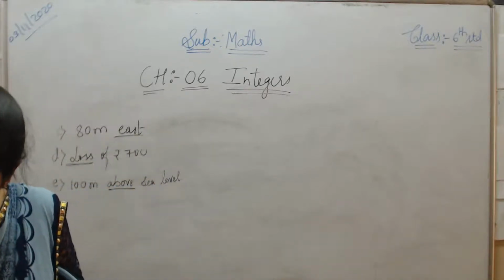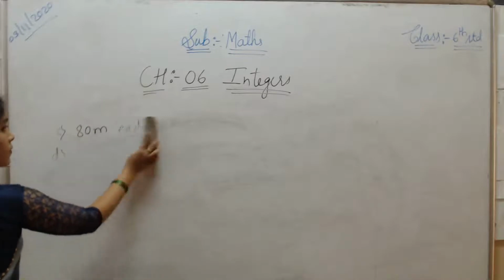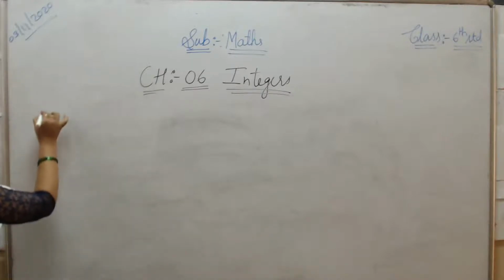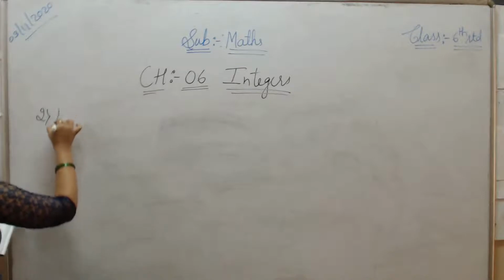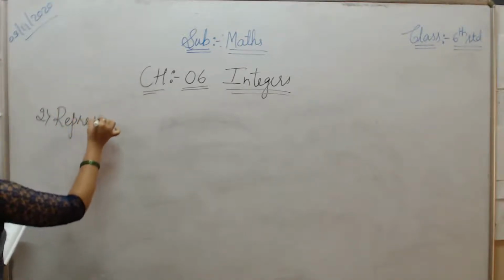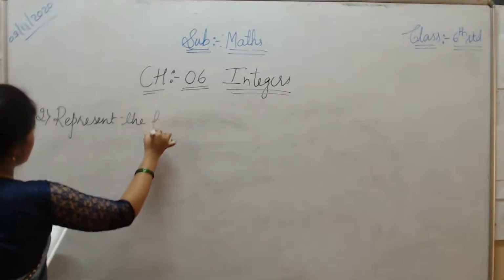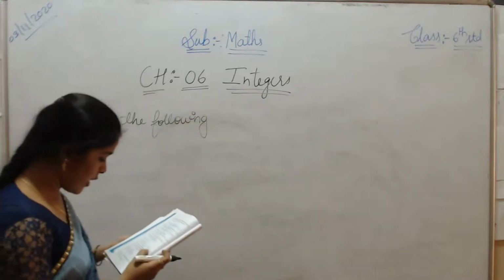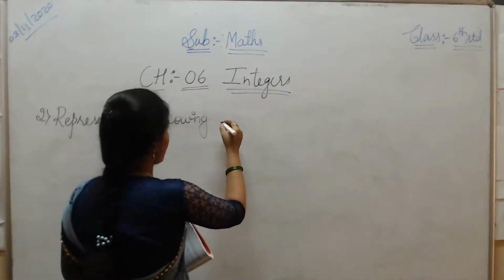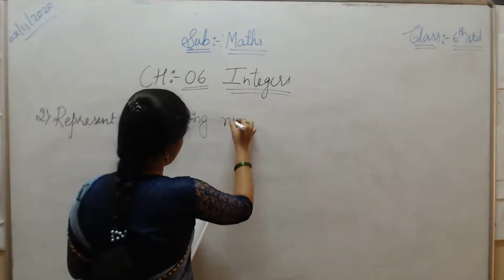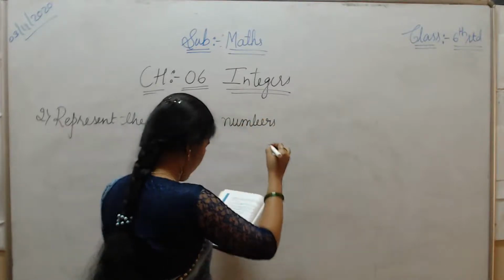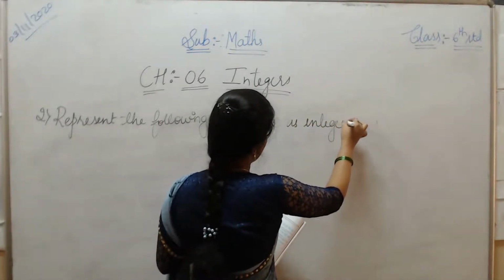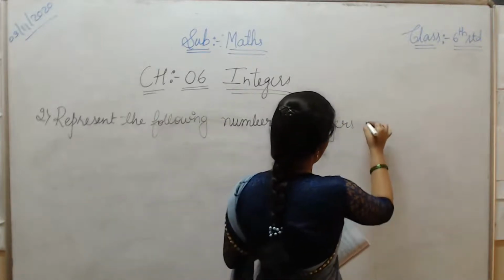Next, this is the first question. Second question. Represent the following numbers as integers with appropriate sign.